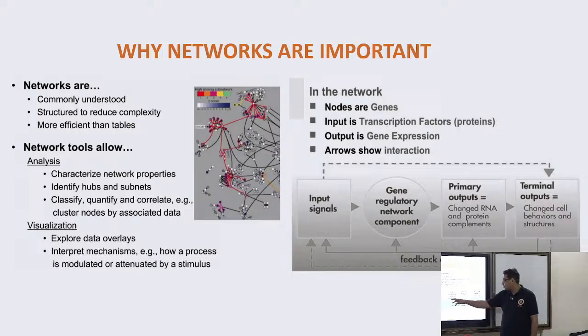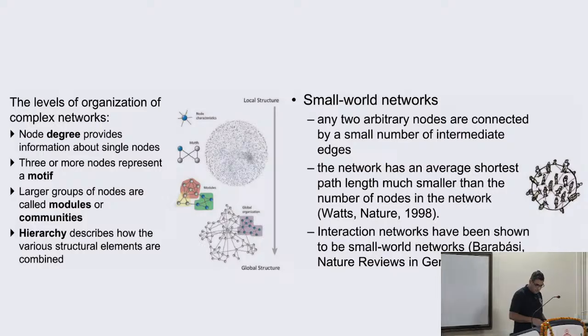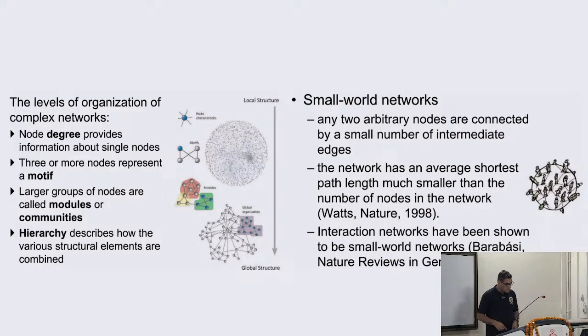So if you see this one: input signal, gene regulatory component, primary output and terminal output. In this way this scaffold will tell you the importance and significance of networks. Now if you see the levels of organization of a complex network, the node degree provides the information about the single nodes.